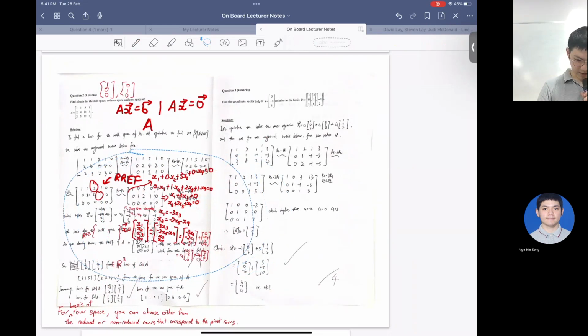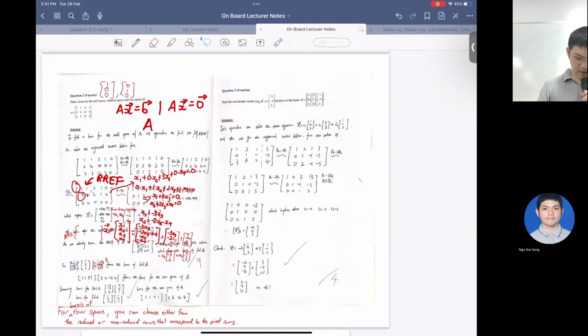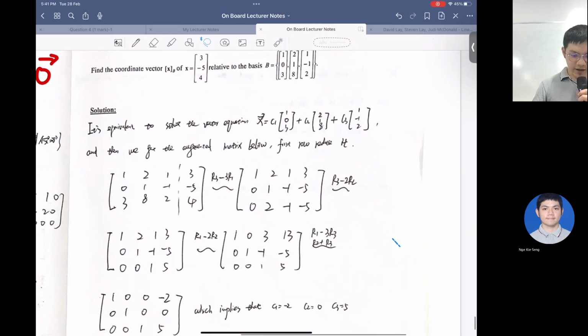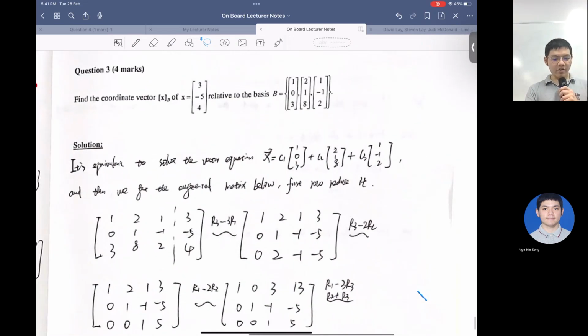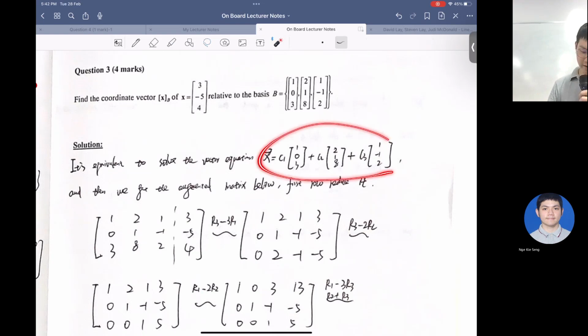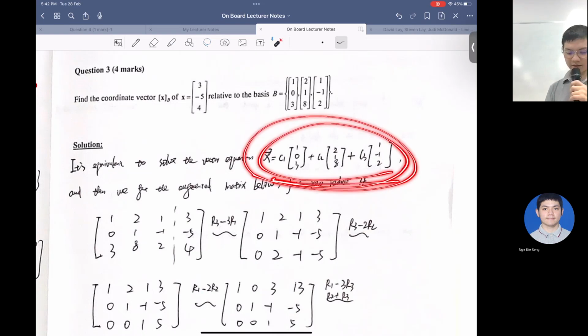We move them together first. Okay, next. Find the coordinate vector of x with respect to this basis. So this means you want to find a linear combination of the basis elements.